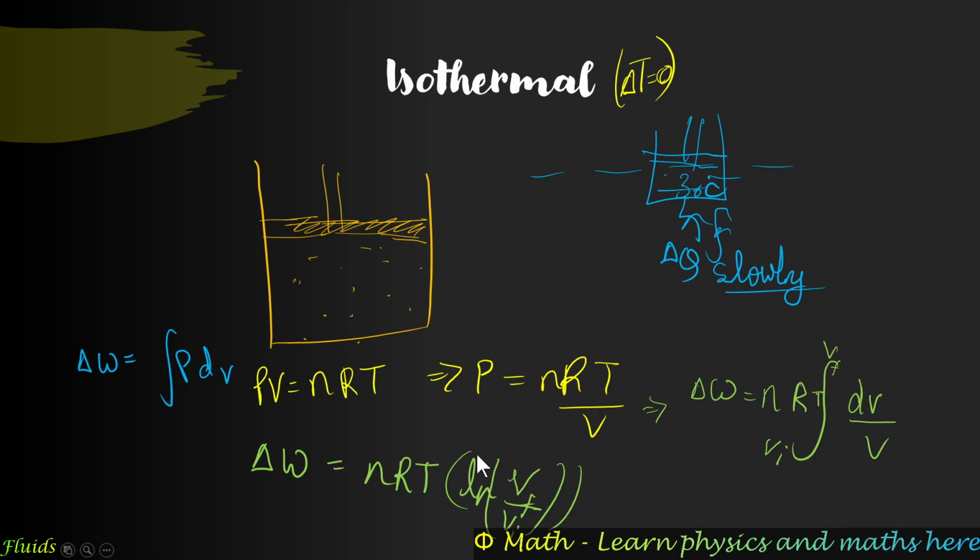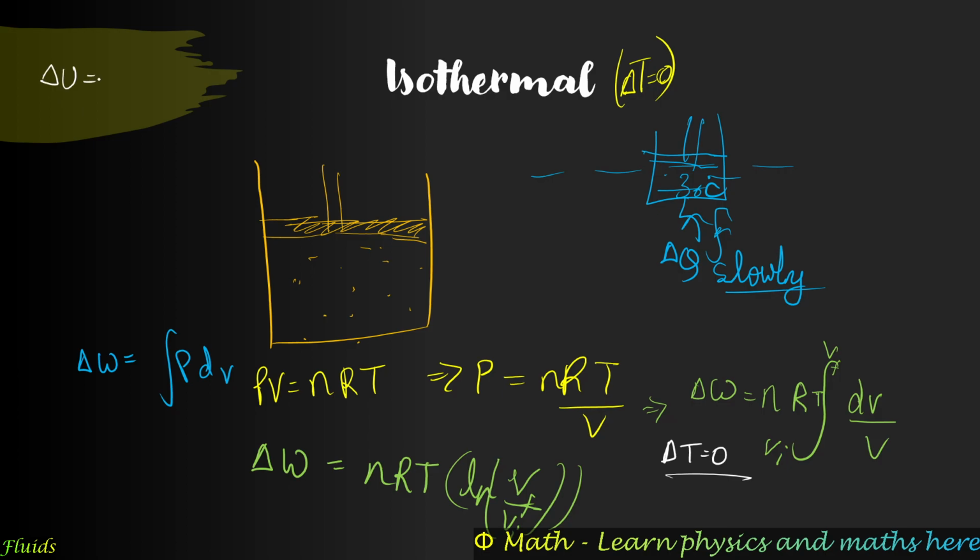After this we know that the internal energy change is equal to 0, which means delta T is equal to 0. Let me write down here.